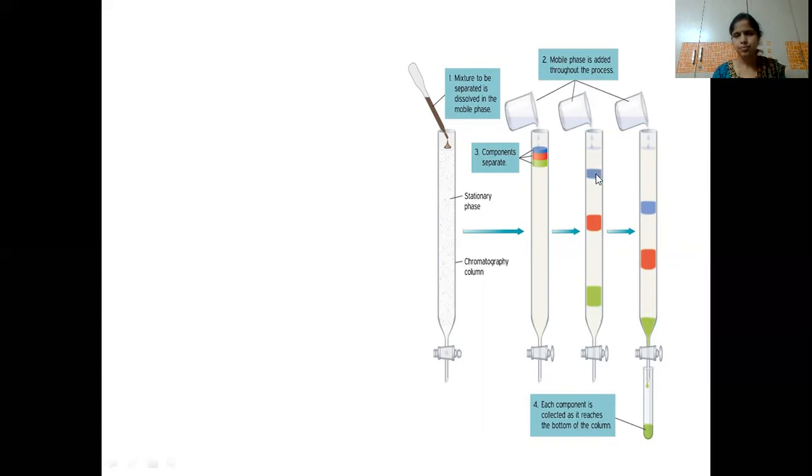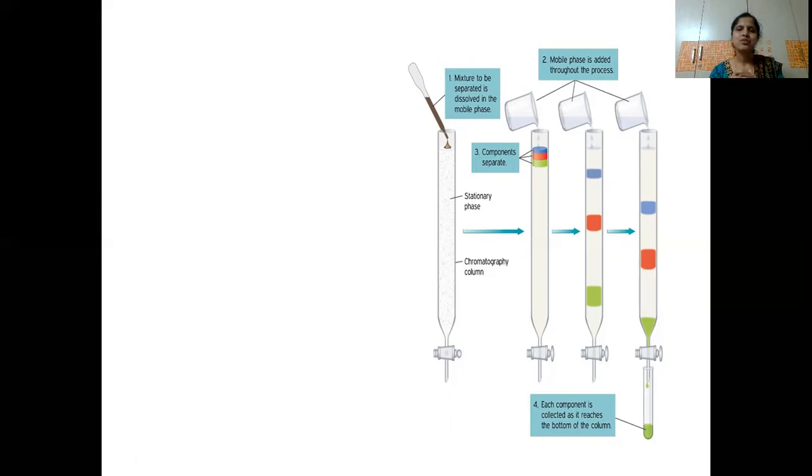And what about this blue band? This blue band has more adsorption towards the stationary phase. When the sample is loaded, as the blue one has more adsorption or more affinity towards the stationary phase, it binds strongly to the stationary phase.